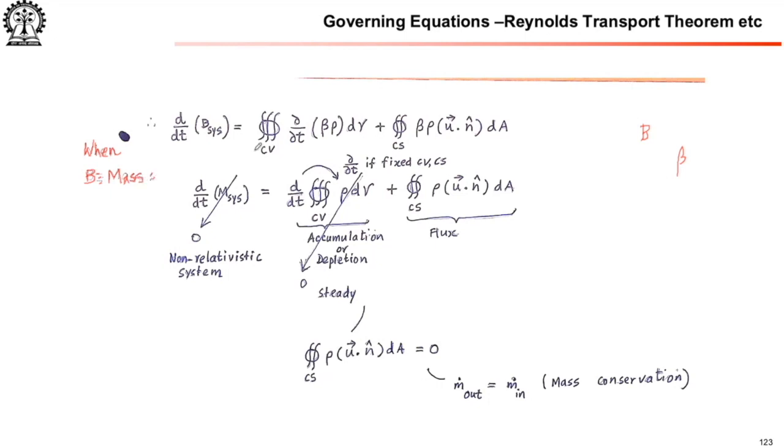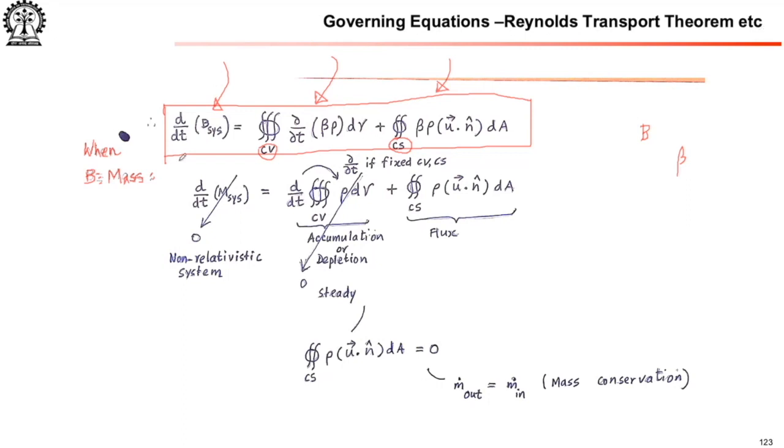So now when B is equal to mass, this is the starting point. This is what we have seen in the previous portion of our discussion: that D by Dt of B of the system, where B can be mass or momentum or energy, can be given in terms of something happening within the control volume and something happening across the surfaces of the control volume, the control surface.